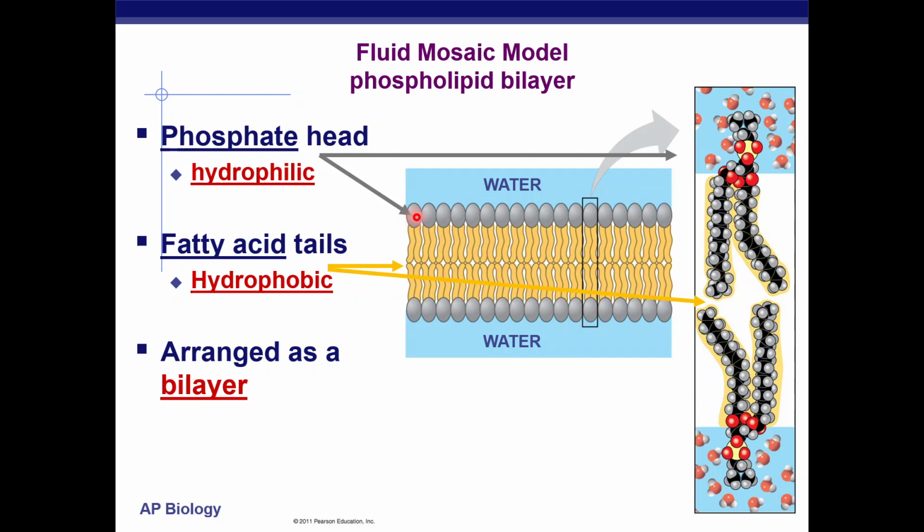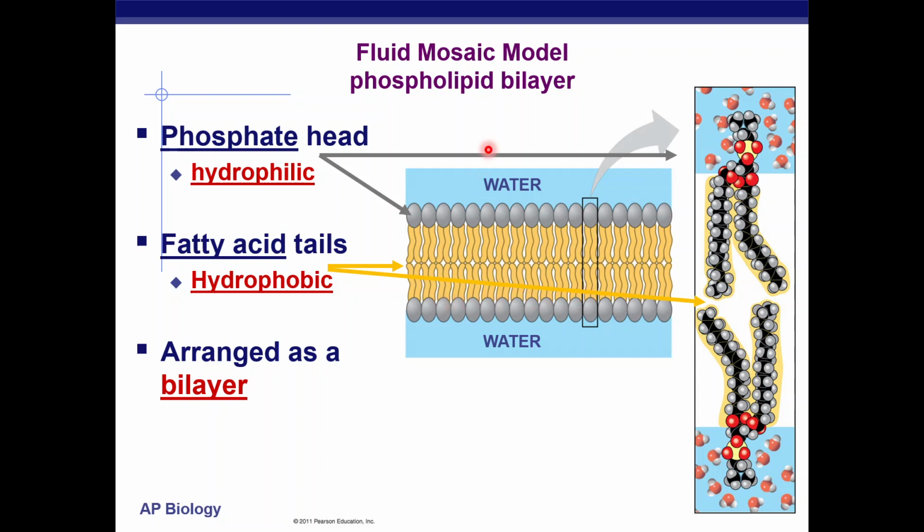So this was our little icon version with the hydrophilic head and the hydrophobic tails. And so notice whether it's outside of the cell or inside the watery environment of the cell, the hydrophilic portions are always pointed toward the water. The hydrophobic portions are always pointed away from the water. Bilayer, I have two layers of phospholipids.